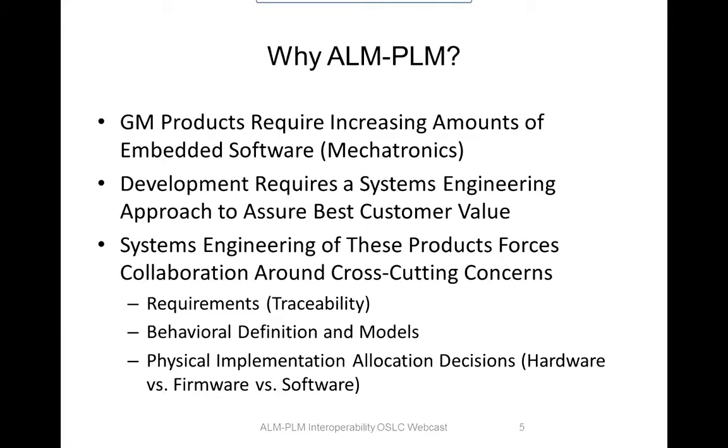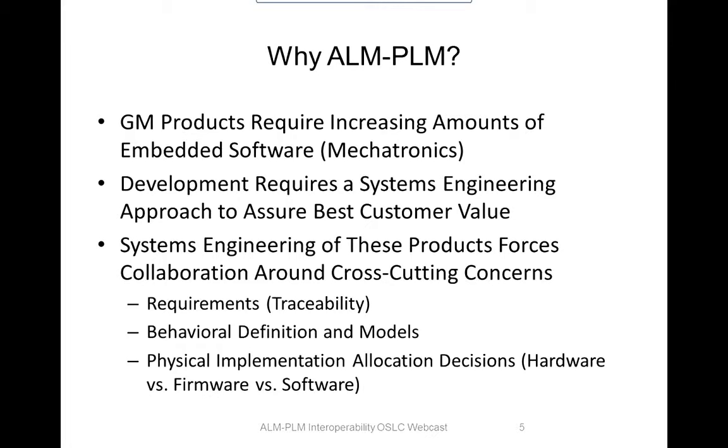So we're building a big mechatronic machine, and we're building many, many, many of them in many variants. The development of this thing is requiring now more and more systems engineering to get the best customer value. And these product forces collaboration around cross-cutting concerns.